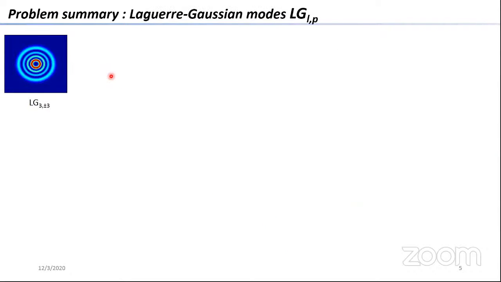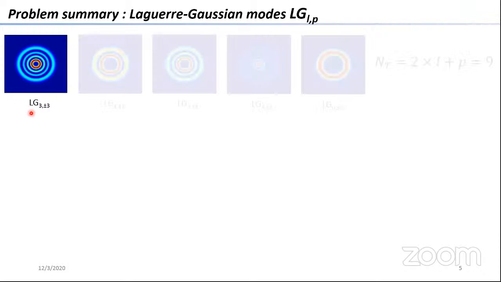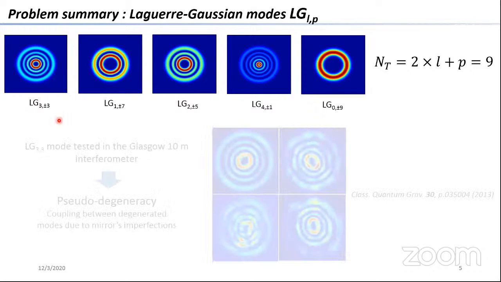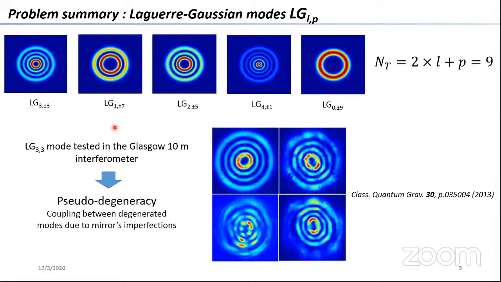Axisymmetric Laguerre-Gauss modes are another basis. If you consider the LG33, for example, it will be degenerate with 9 other modes represented here. These LG33 modes were generated and studied by several groups. What was very interesting is that it was injected into the Glasgow 10-meter interferometer, and we see here that the mode inside the cavity is completely distorted.